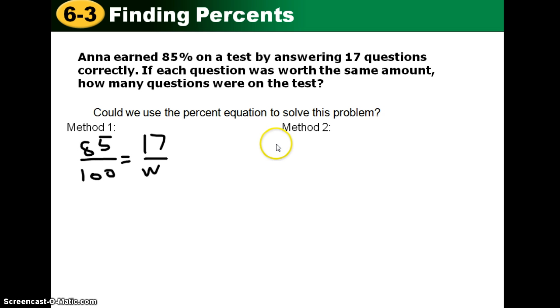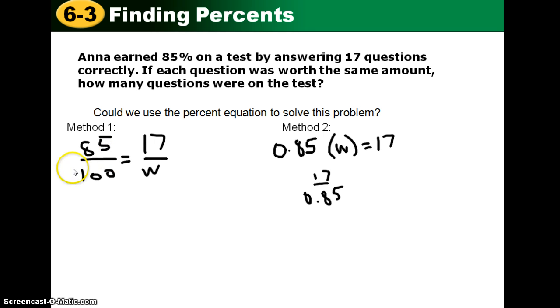Method 2, 85%, so I have to use the decimal form of it, 0.85, times the whole, which I don't know, equals the part, which is 17. If I continue with method 2, I would divide 17 by 0.85.